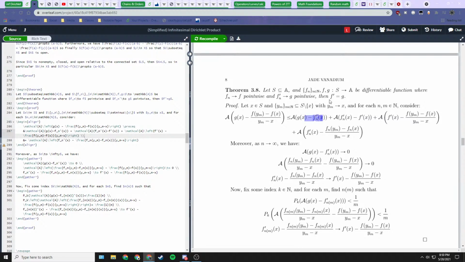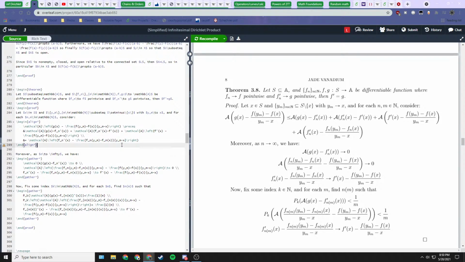G minus f prime n, so f prime n goes to g. Oh, okay, that's why it doesn't work. Okay, let me do that better.